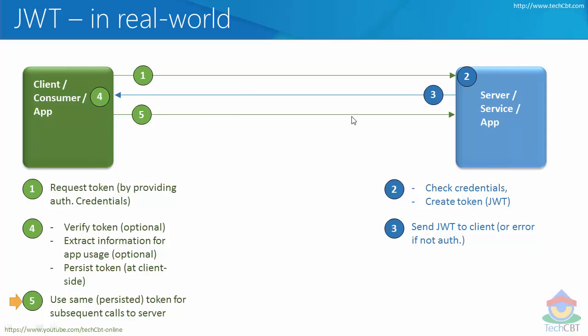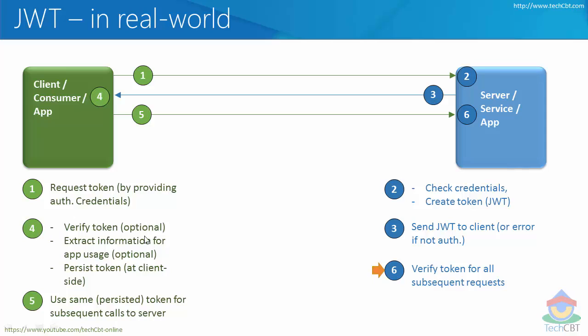Once you are requesting more information from some other endpoint at the service, still you are sending the same token, and now it is going to be the server's responsibility to verify that whatever token the client has sent to the service is valid. This is essential.